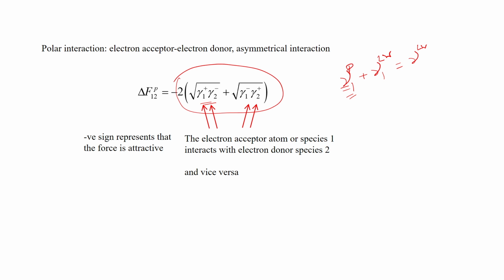This means gamma 1 P can be divided into two: gamma 1 plus and gamma 1 minus. When they interact, to find the polar component of the interfacial energy, you have to take gamma 1 plus interacting with gamma 2 minus, and gamma 1 minus with gamma 2 plus, and so on.